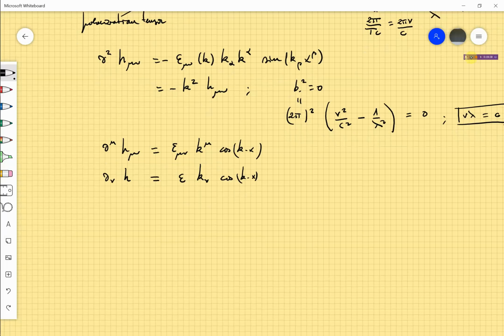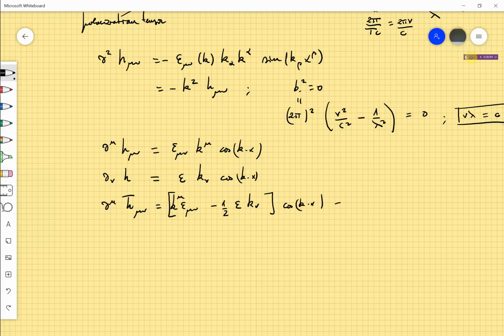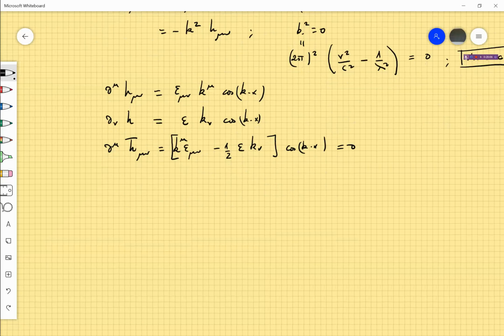So partial mu of h bar mu nu is just, well, you have an overall factor of cosine kx, and then epsilon mu nu minus a half of epsilon, which is the trace, times k nu cosine of kx, and this has to be 0.